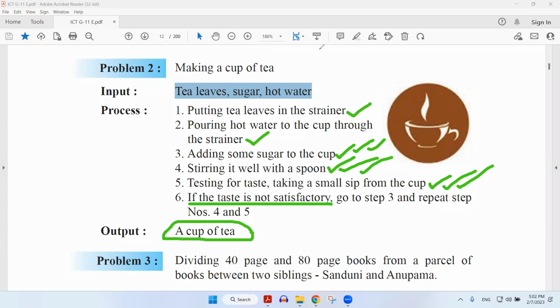right? So in the previous example and in this example, they have introduced us two valuable concepts of a particular analyzing procedure or analyzing process.